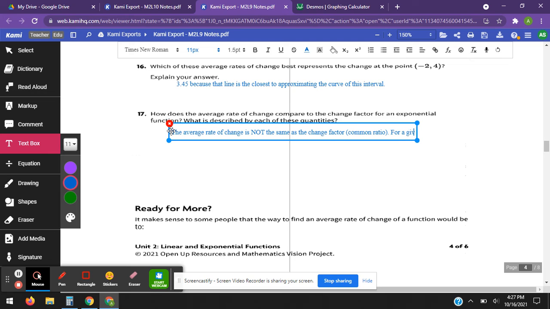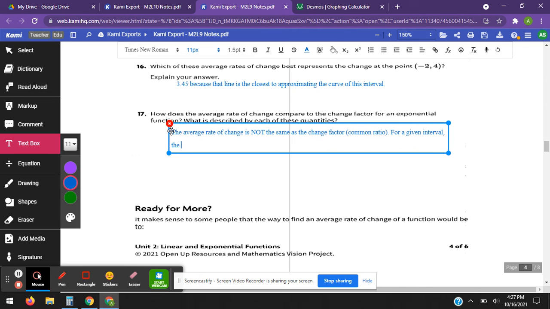So for a given interval, change factor tells what to multiply with the y value to get the next one at the end of that interval.